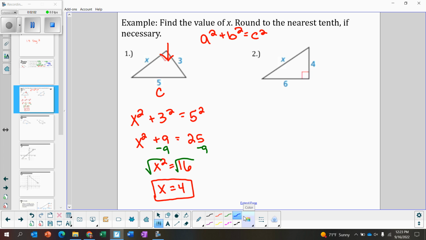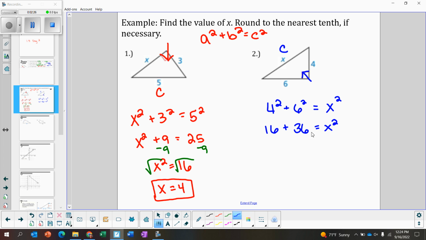Looking at the next one, if I look where my right angle is, opposite it is our C. So we're going to use 4 and 6 as A and B, and that's equal to x squared. So 4 squared is 16, plus 6 squared is 36.